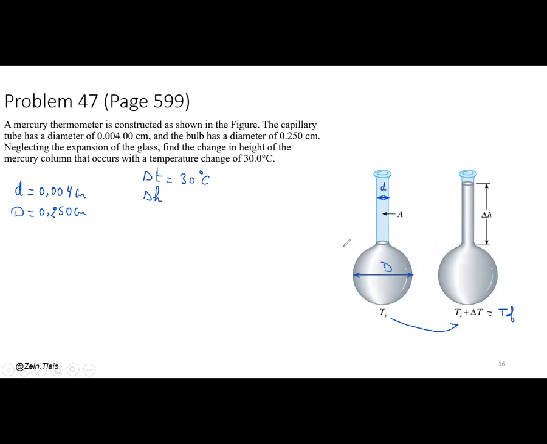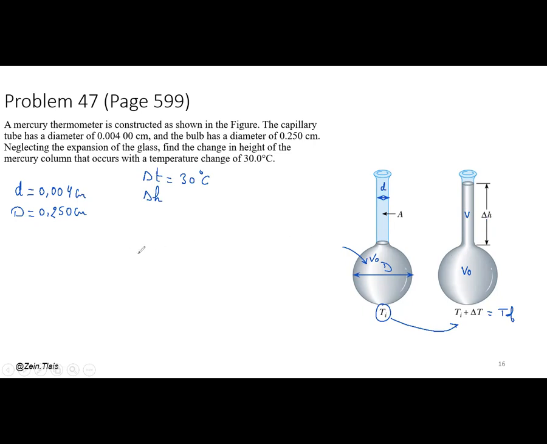Let's say this volume equals small v0. In the initial state, at T initial, the volume of the mercury equals V0. At the final state, the volume of the mercury equals V0 plus small v. This is the volume v here plus V0.